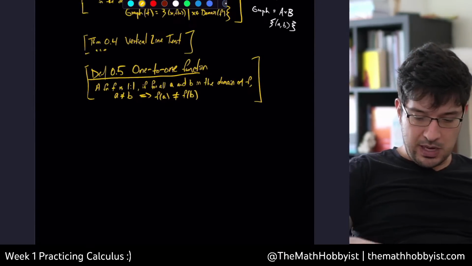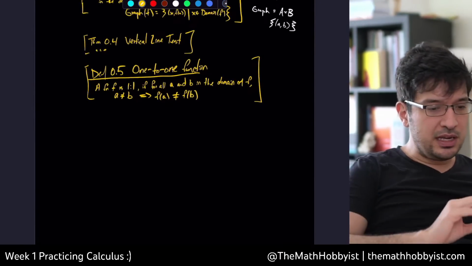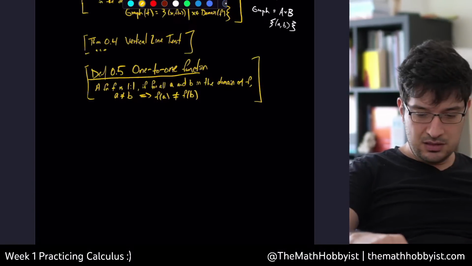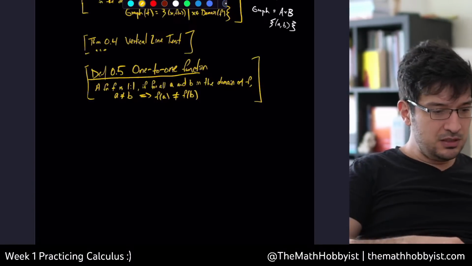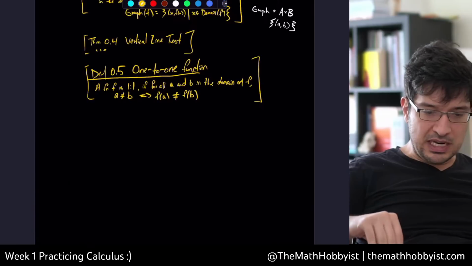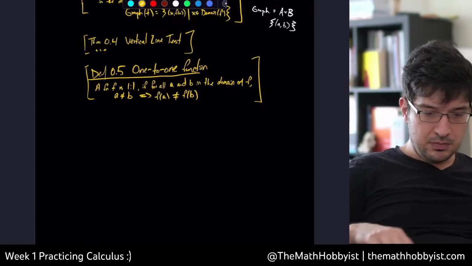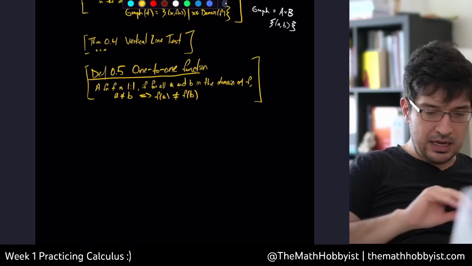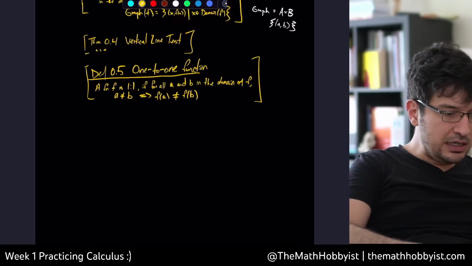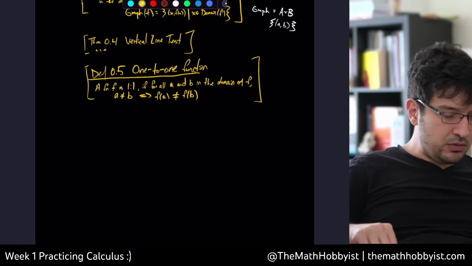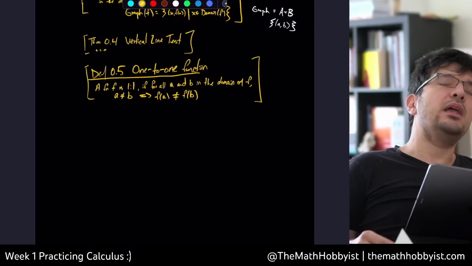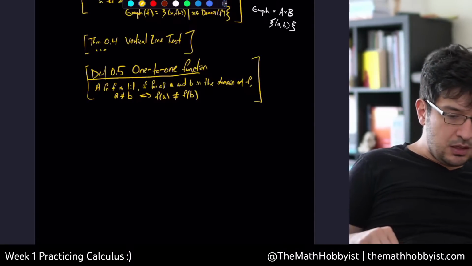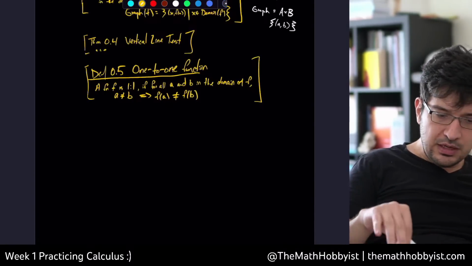I would be so happy if the next page has a horizontal line test theorem. Oh, it doesn't. I thought it would. Maybe it's an exercise. I just really like how this book clearly separates examples versus definitions versus theorems. Is it in the proofs?